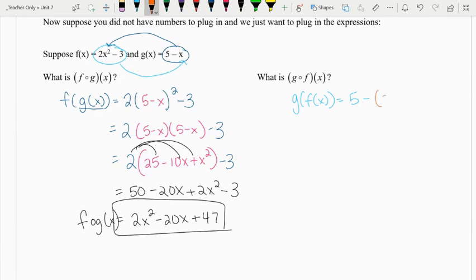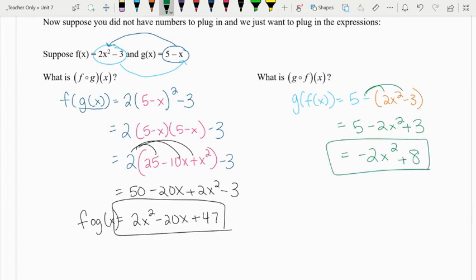Well, f of x is 2x squared minus 3. And remember, I would always put it in parentheses because then you can see I need to distribute this negative. So this turns into 5 minus 2x squared plus 3. And in standard form, negative 2x squared plus 8. Okay, you can have that in other orders, but standard form is the typical one.